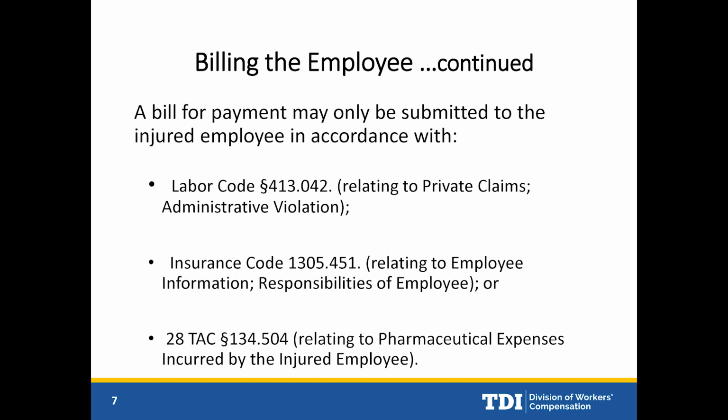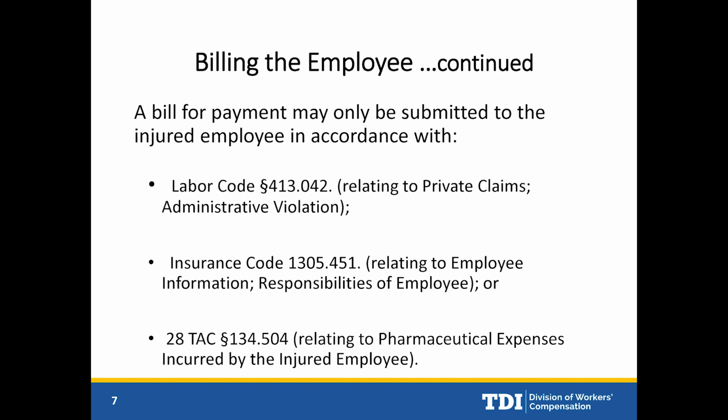And also Texas Insurance Code 1305.451, and that's relating to the injured employee receiving information about the requirements for seeking health care for their injury through a workers' compensation healthcare network. The injured employee has the responsibility of going to a network provider.